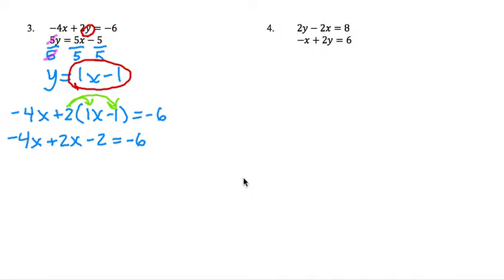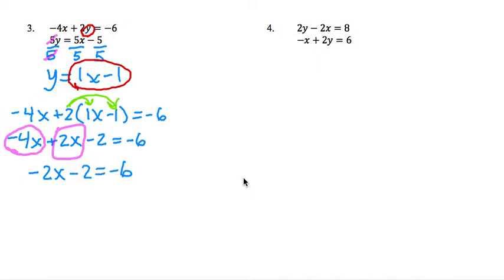On the left-hand side, I have like terms, so -4x and positive 2x are like terms. So when I combine those together, I get -2x minus 2 equals -6.